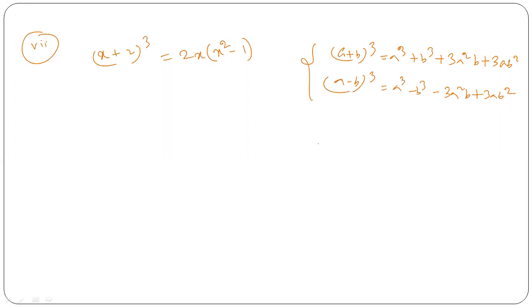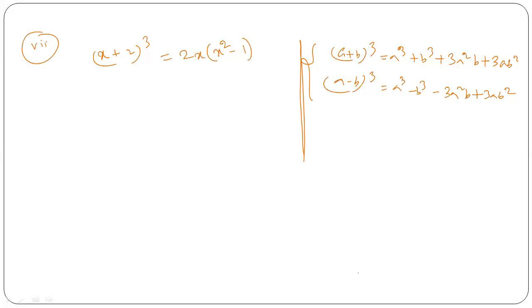Write down this formula in your copy. (a + b)³ means a³ + b³ + 3a²b + 3ab². (a − b)³ means the sign before b³ will be changed, and the sign before 3a²b will be changed: a³ − b³ − 3a²b + 3ab².